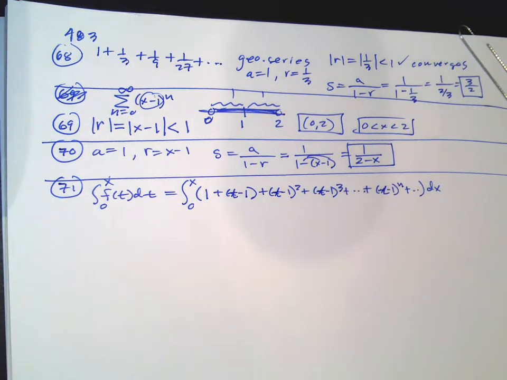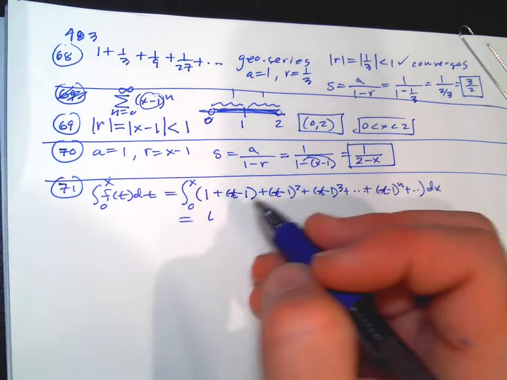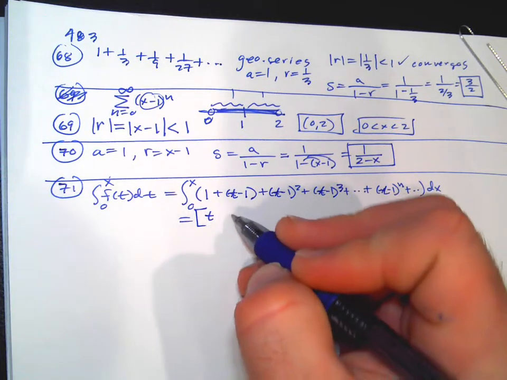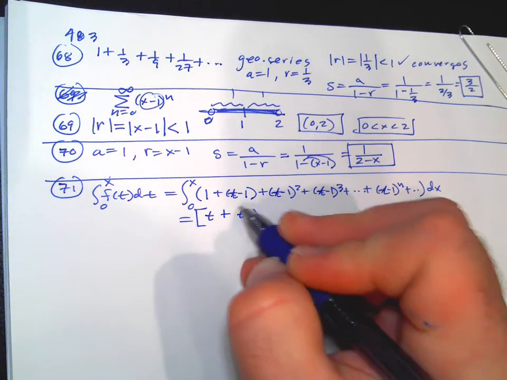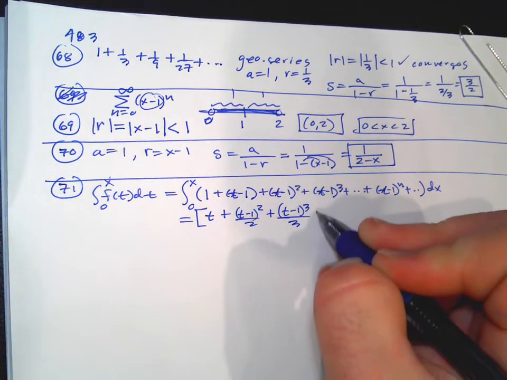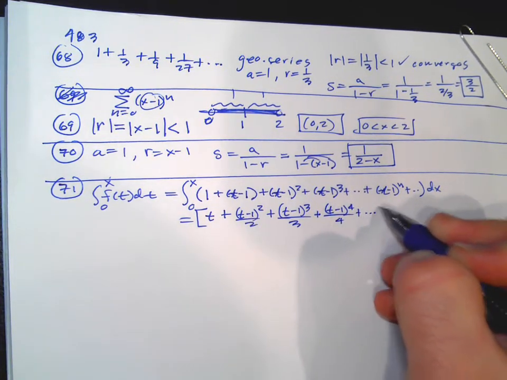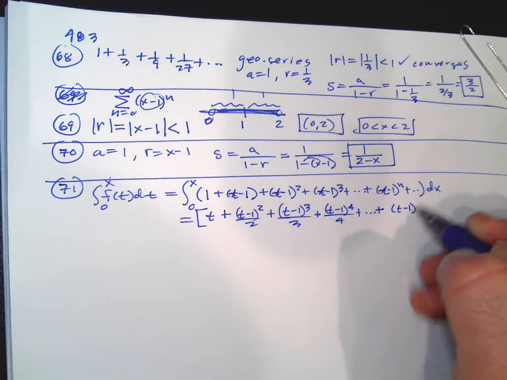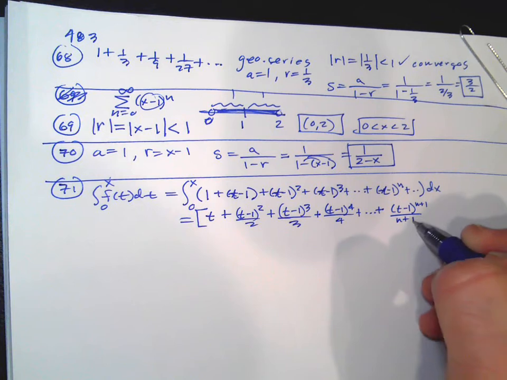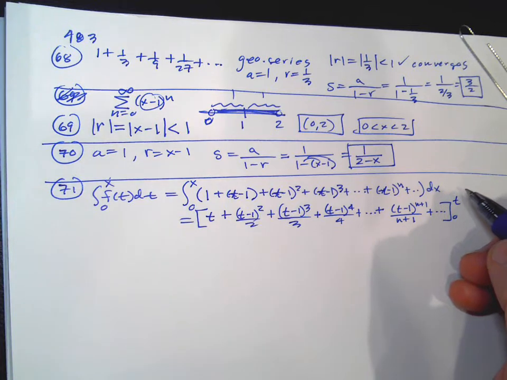Okay, now let's see. If we were to integrate that, what do we get? You integrate, you get the antiderivative, then you plug x in, and then you plug 0 in. So I guess we'll find the antiderivative first. It's going to be t plus t minus 1 squared over 2 plus t minus 1 cubed over 3 plus t minus 1 to the 4th over 4, and then we're going from 0 to x.